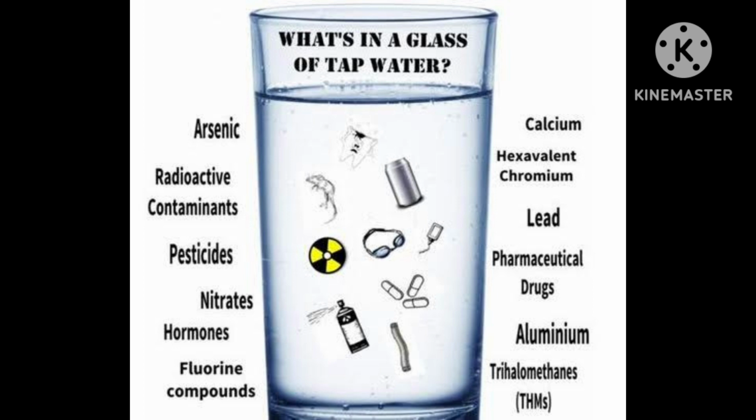Pathogens include bacteria and other organisms that enter water from domestic sewage and animal excreta. Animal excreta, just like cow dung and other animals' dung. Okay, then this bacteria will come from that.